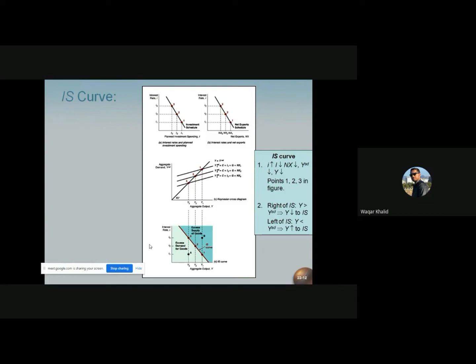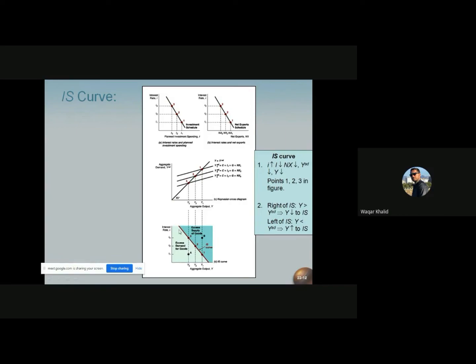On the basis of this relationship, we can simply derive the IS curve. Look at panel D. We can derive the relationship between the interest rate and the aggregate output level directly from the IS curve. When we join these three curves, we can get this red line curve.